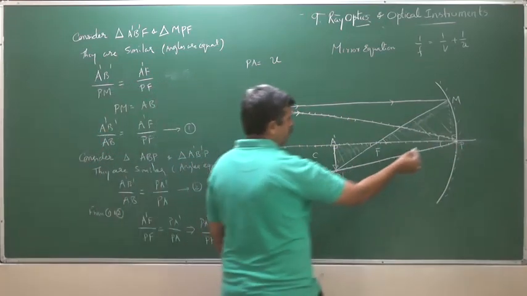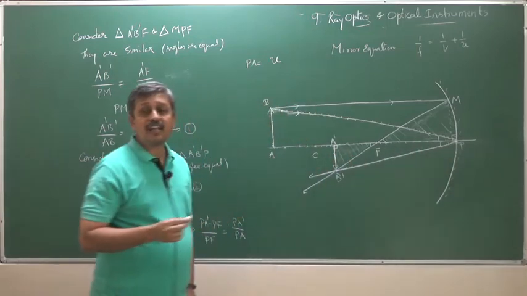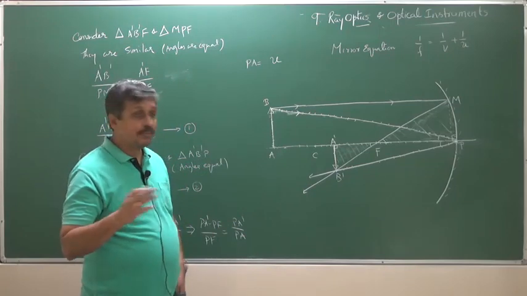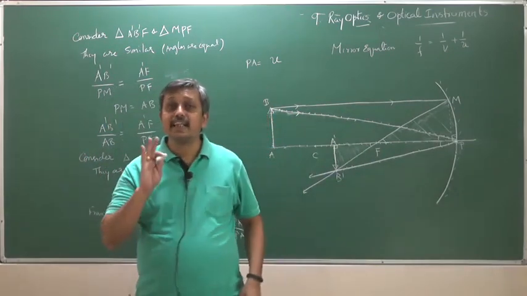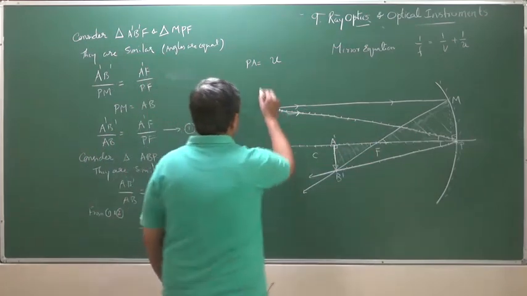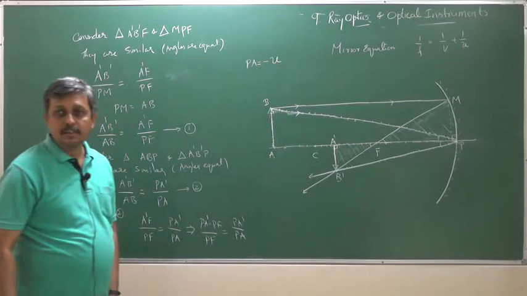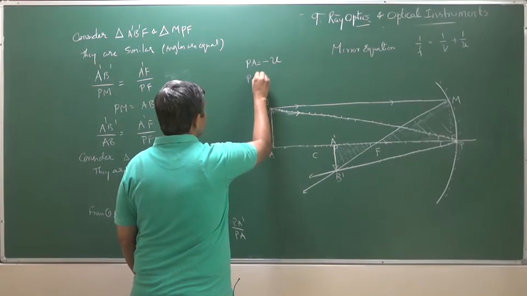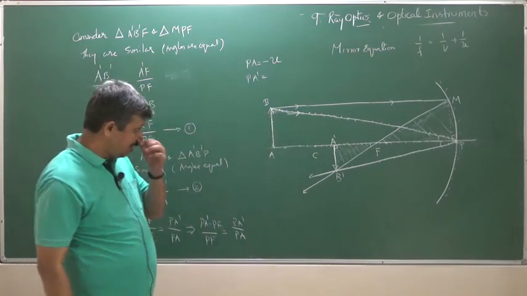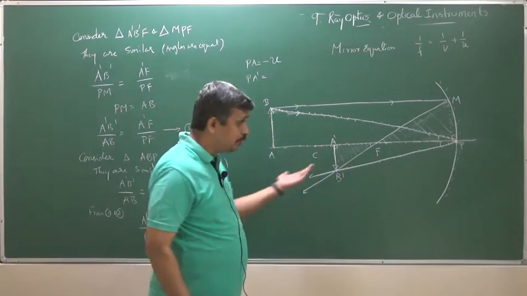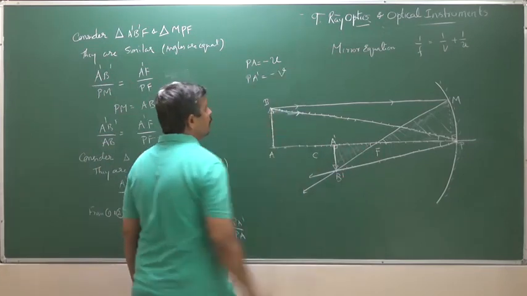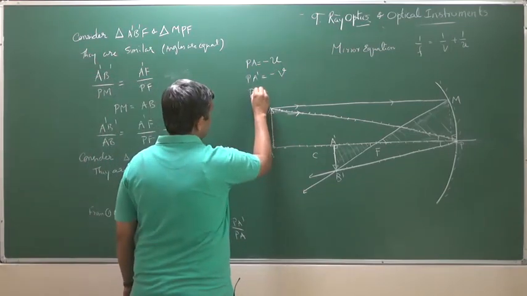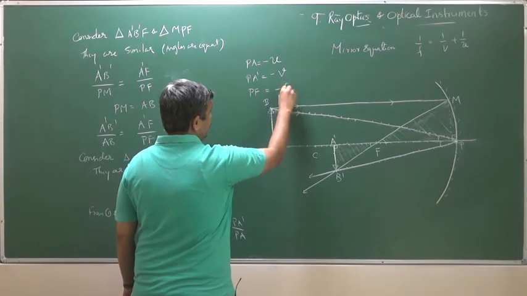So we measure from the pole and come towards A. The second rule says when you travel in the opposite direction of the incident ray, take it negative. So PA is negative U. PA dash is the image distance, again opposite direction, so negative V. And PF, again opposite, negative F.